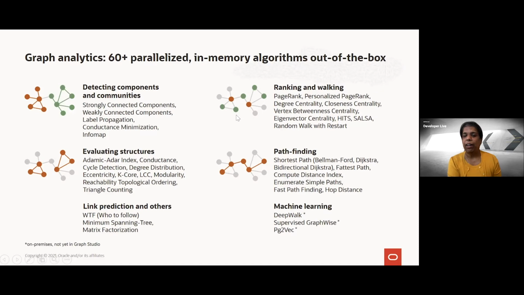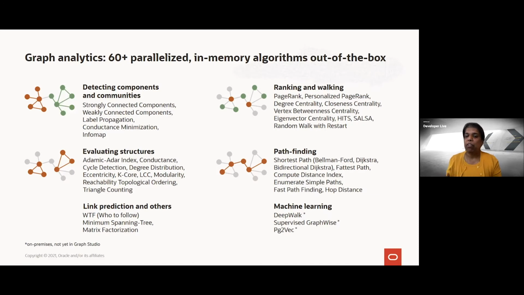And then you have the ranking group of algorithms, which help you identify which are the important vertices in the graph by looking at, let's say, the number of edges connected to it, or more interestingly, whether it is connected to other important vertices. A vertex might not itself have a lot of edges connected to it, but if it's connected to other vertices which have a lot of incoming edges, then that becomes interesting. So that's the PageRank value.